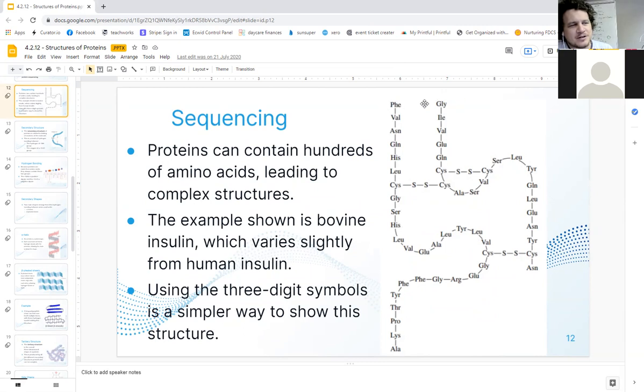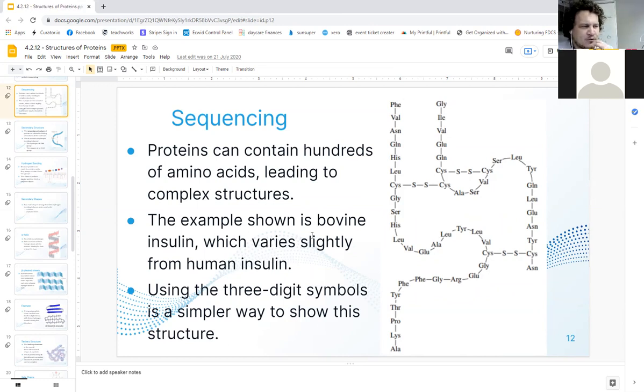Phenylalanine will interact with glycine at the top here. That will then change the interactions all the way down until eventually it settles in its shape. Now, like most things in chemistry, it will settle in the shape that requires the least amount of energy to maintain that shape, if that makes sense.